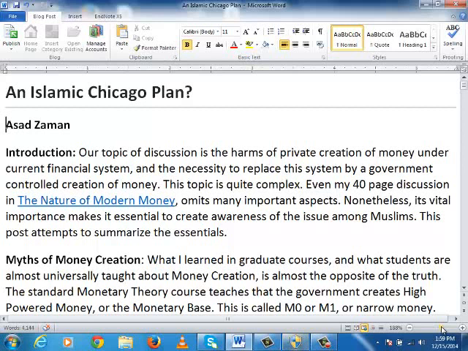Somebody from the private sector can buy the bond, and when he buys the bond, he gives 100 rupees to the government, and then he will get 110 rupees at the end of the year. Or they can sell it to the central bank. The central bank is authorized to print money to buy this bond.